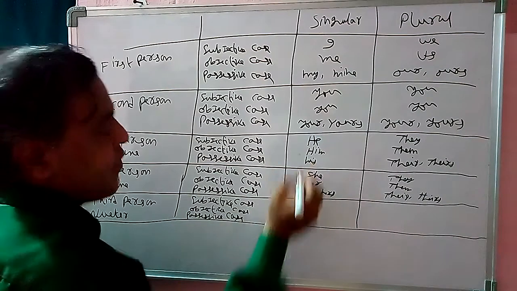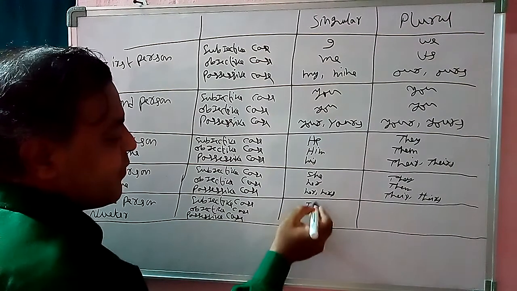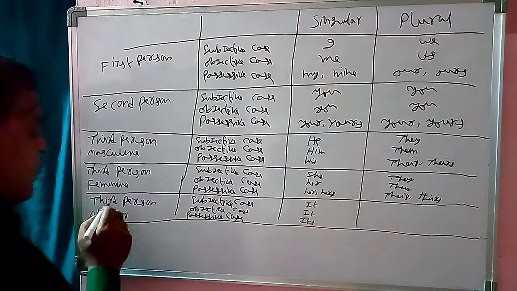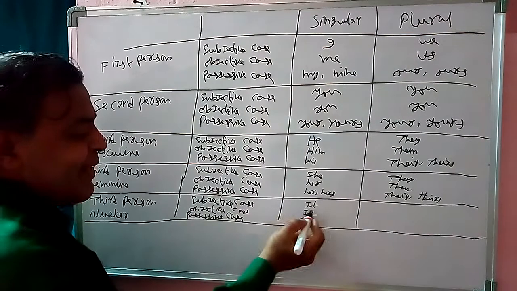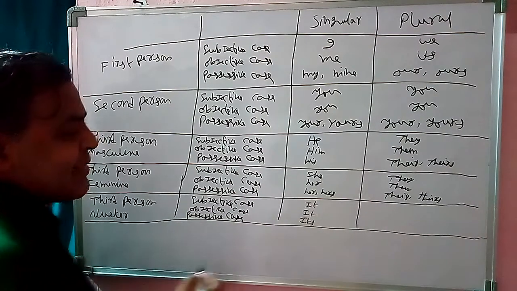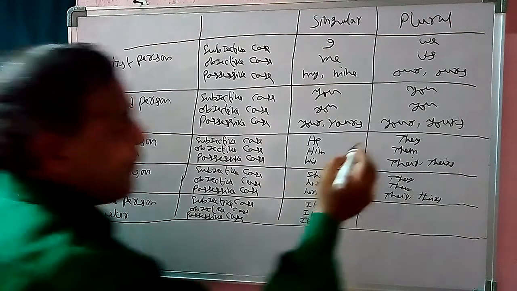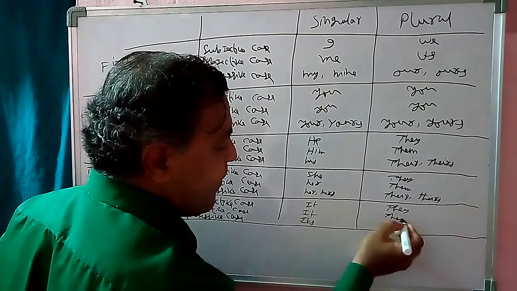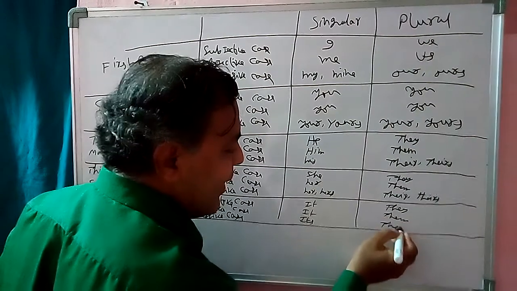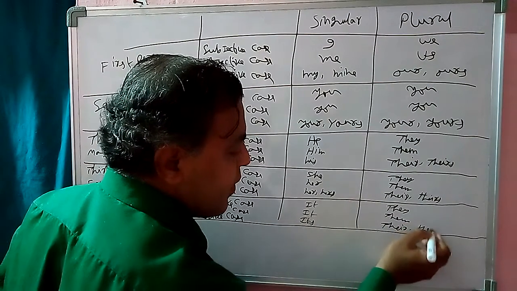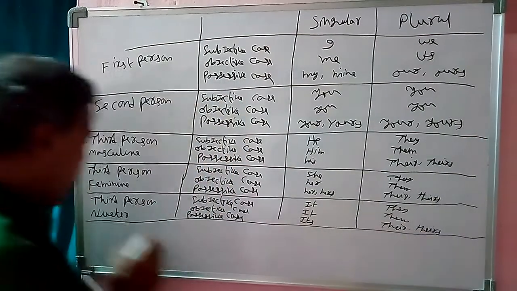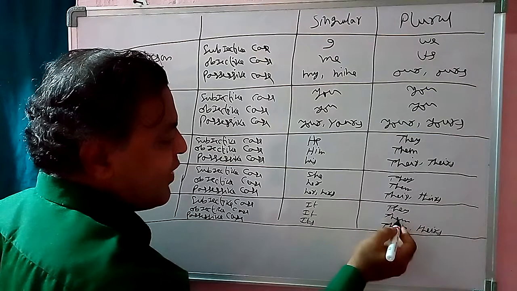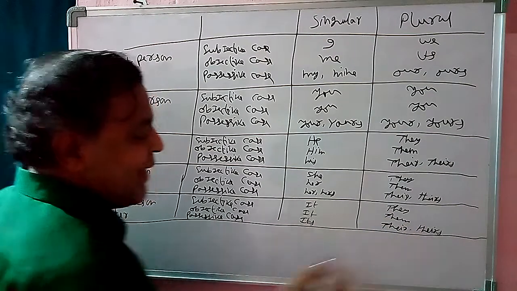Neuter, third person singular: it, its. Third person singular: subject case it, object case it, possessive case its. Third person plural: they, them, their, theirs. Third person neuter, plural: subject case they, object case them, possessive case their, theirs.